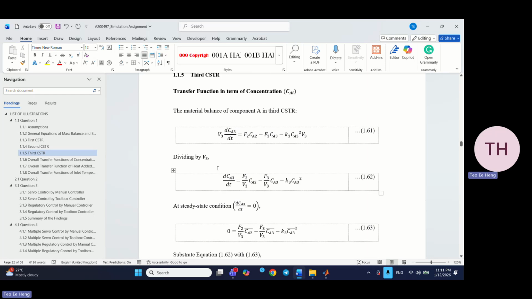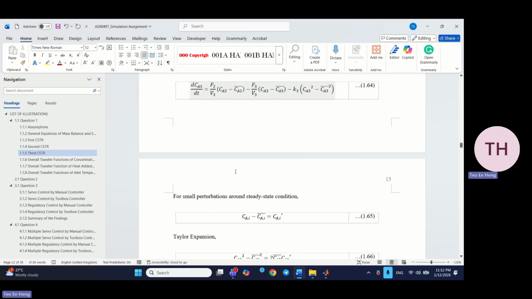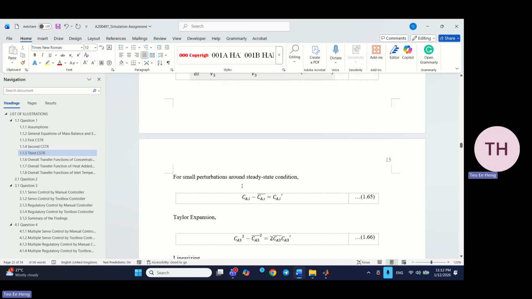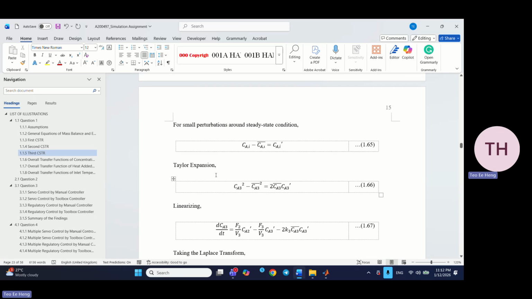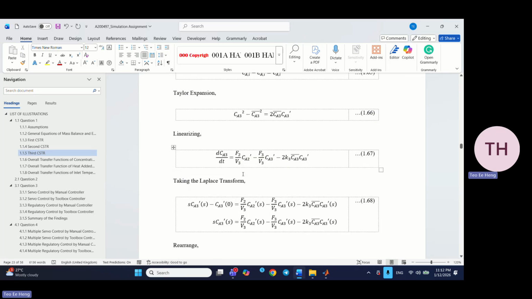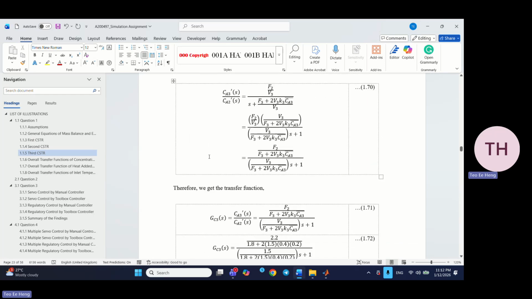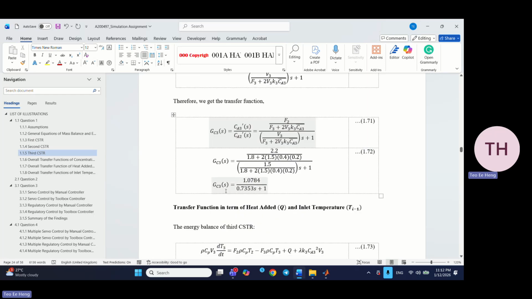Then we divide it by V3 at the steady state condition. Then we need to linearize this equation by Taylor expansion to remove the square. Then by taking the Laplace transform, rearranging and simplifying, we can get the transfer function GC3.